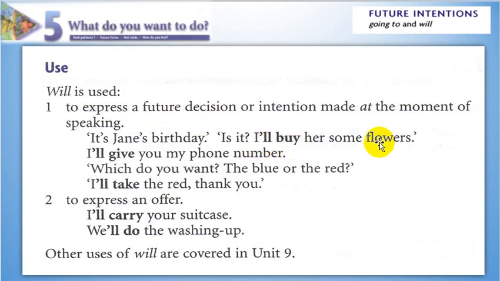I will buy her some flowers. Okay? I will give you my phone number. نية بإعطاء رقم الهاتف. Which do you want? The blue or the red? I will take the red, thank you.